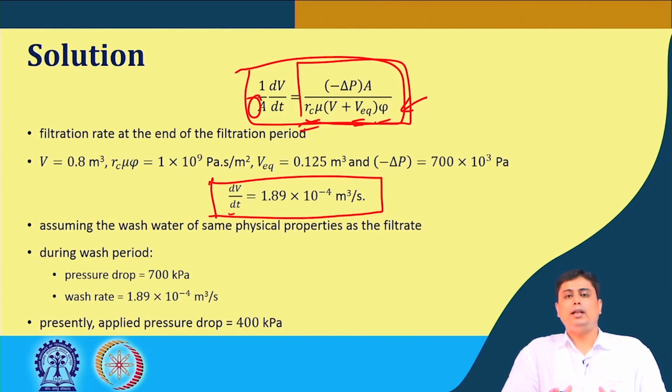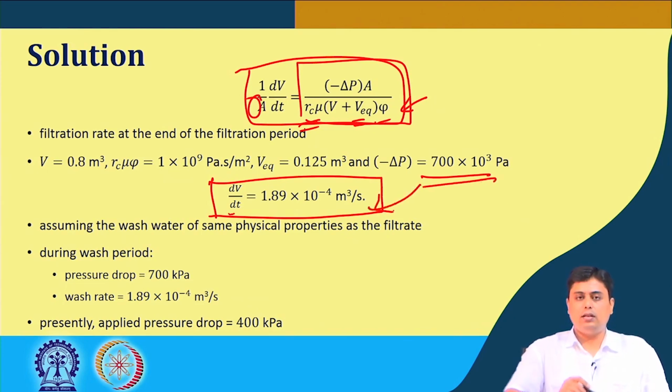So, during the wash period, if the pressure drop is 700 kilopascal, the wash rate is the same as the filtration rate, because that is the point where we stop the experiment and then the washing happens.